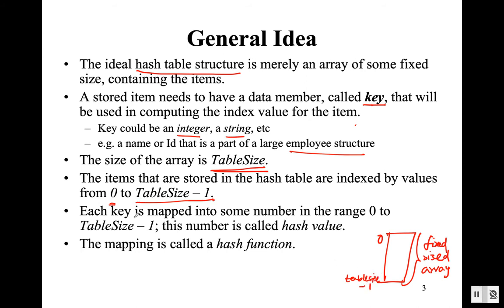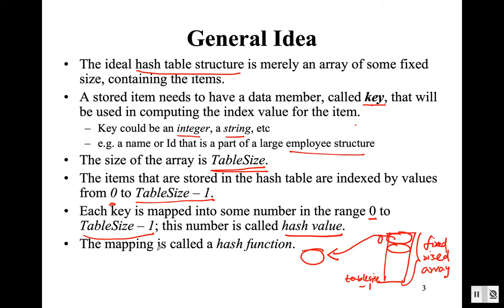Now each key will be mapped into some number ranging from 0 to table size minus 1. This number is known as the hash value. So each item here is going to be mapped to a number in the range 0 to table size minus 1, and this number is known as the hash value.